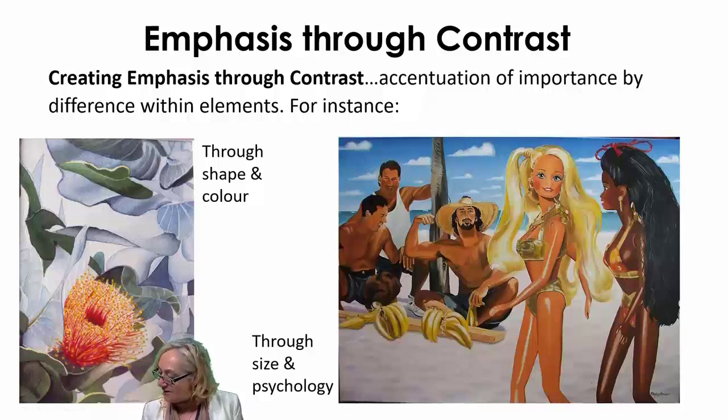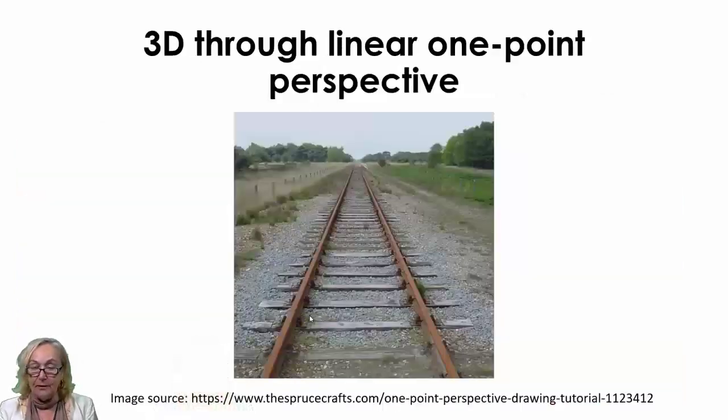Next, let's look at a final demonstration, which I promised you earlier, creating 3D through linear one-point perspective. And this is just a refresher because you've already done this, no doubt, at some point in your educational journey.